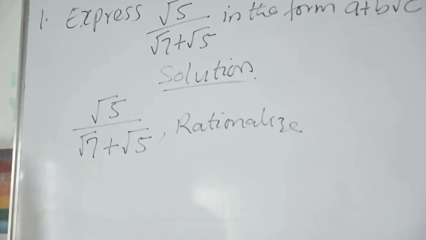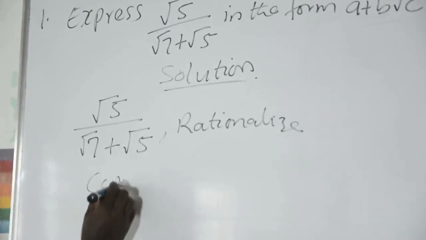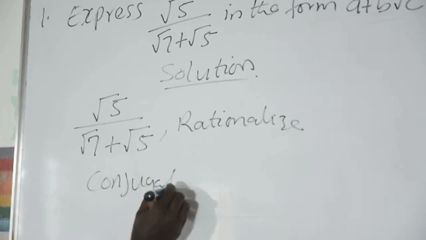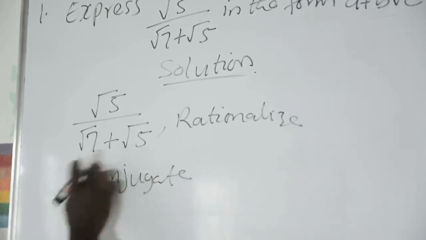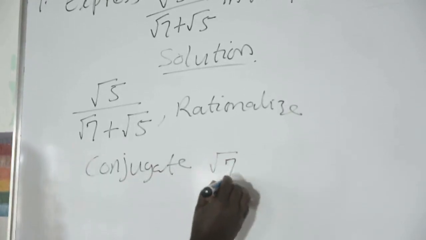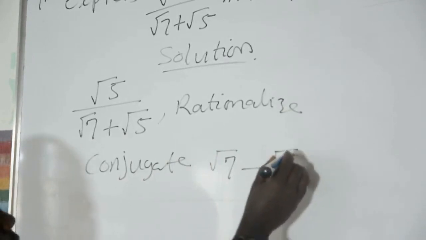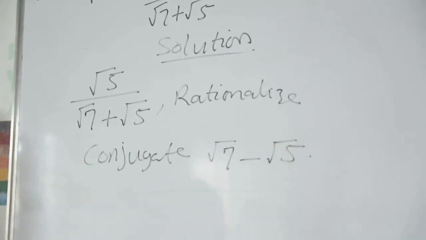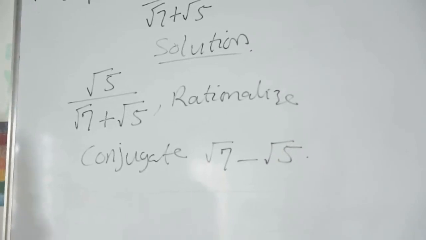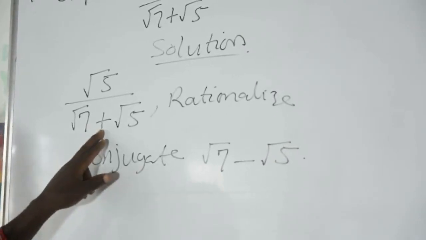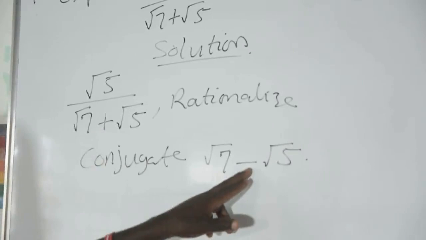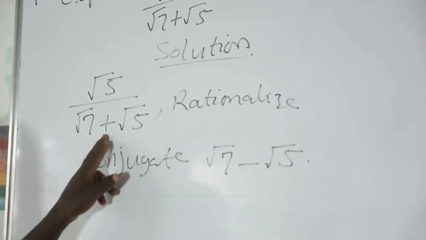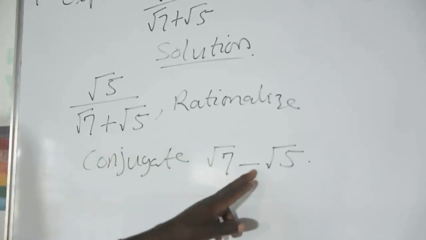So the conjugate of this denominator is going to be what now? Root 7 minus root 5. Remember our concept of conjugate? The only difference is the sign in between. Here is plus and then here is now minus. If here were minus, then our conjugate is going to be plus here.